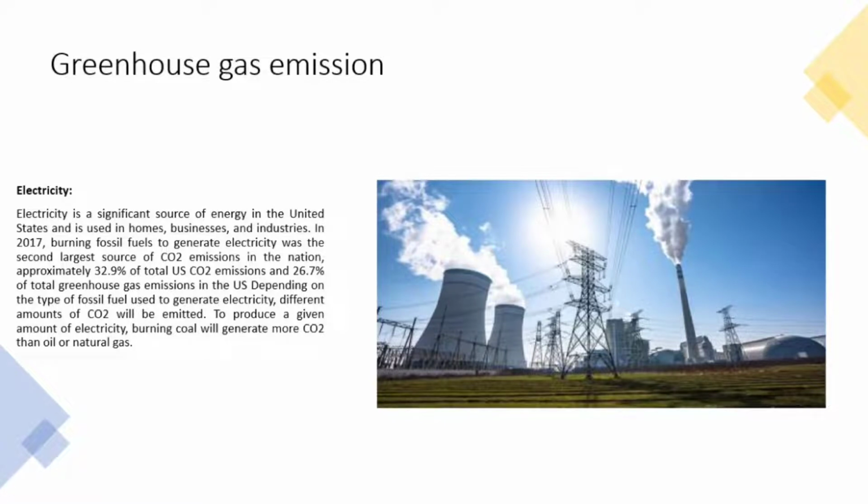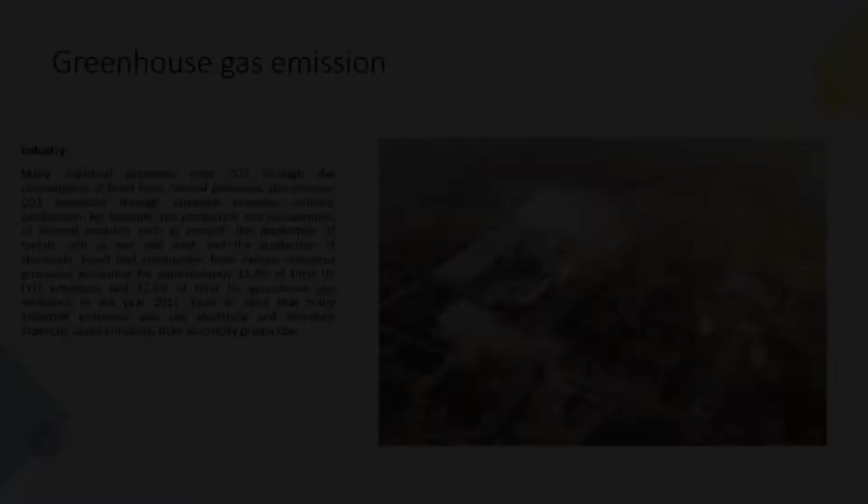Depending on the type of fossil fuels used to generate electricity, different amounts of CO2 will be emitted to produce a given amount of electricity. Burning coal will generate more CO2 than oil or natural gas.